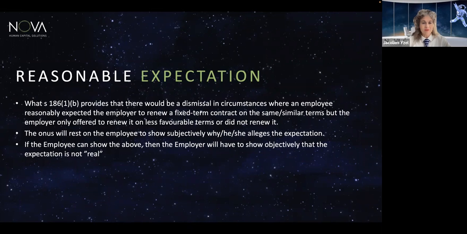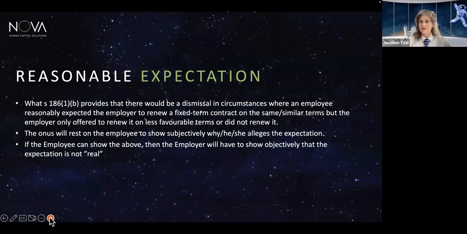So not objective, the employee needs to just show, but this is because of these things, why I believe this contract is going to be renewed. So it's a very low threshold, right? So what Vaughan said in his introduction is exactly this point. If the employee can show that he or she really believed that this contract is going to be renewed and it was not, that constitutes a dismissal for purposes of the Labour Relations Act. It's as simple as that.